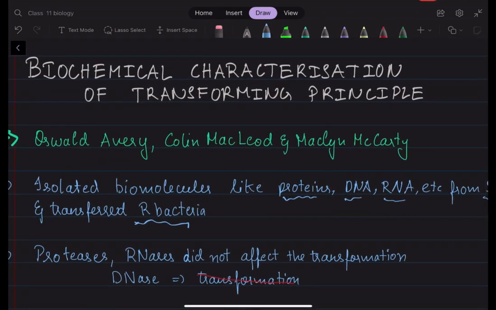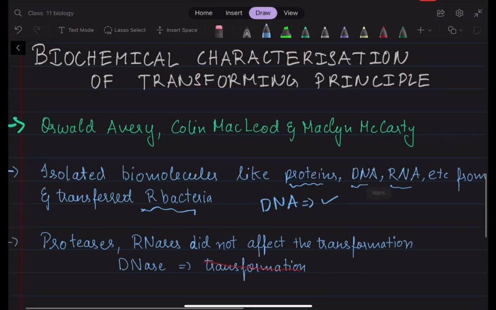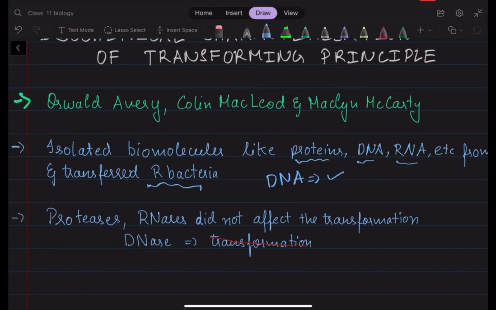What they found was that when they transferred DNA, transformation happened. So that means DNA is the genetic material, the biomolecule comprising the genes.